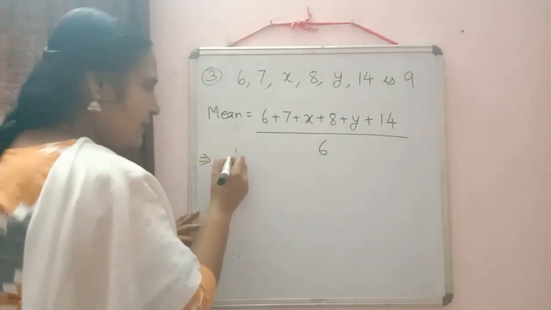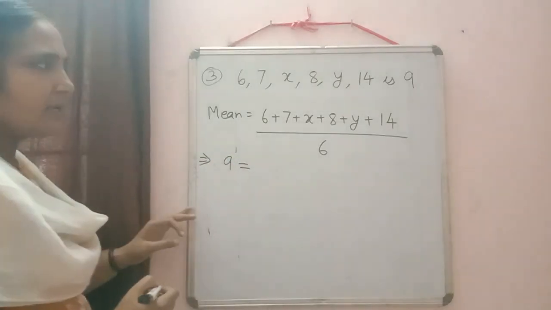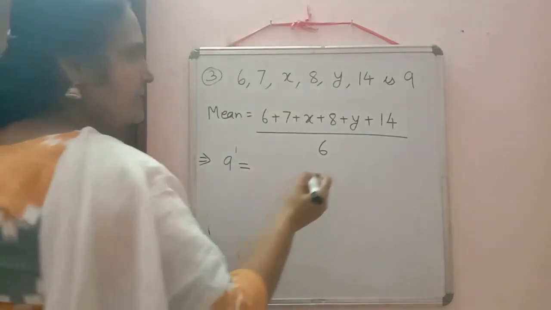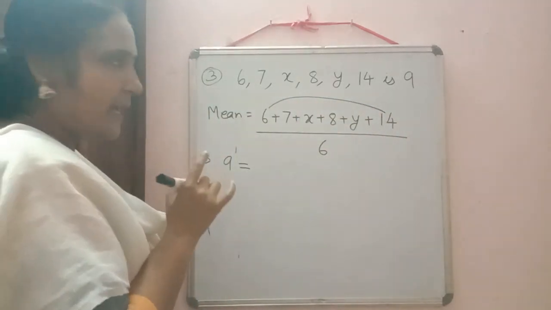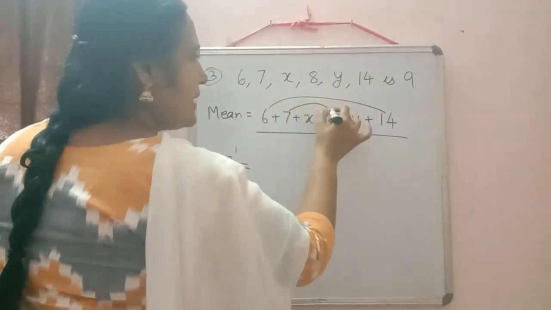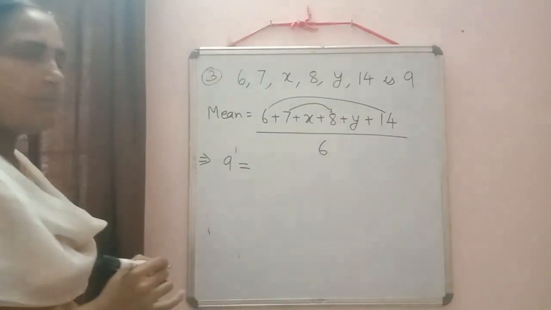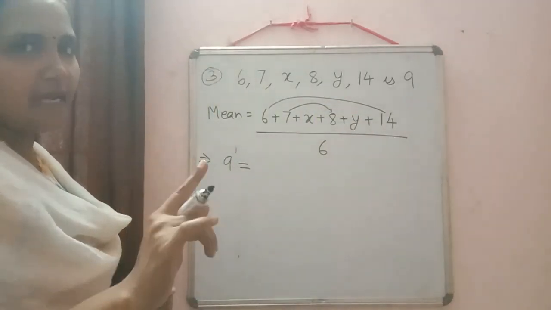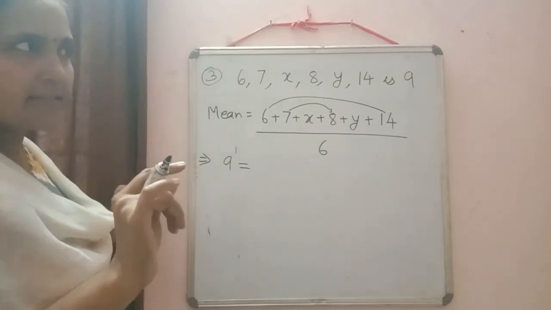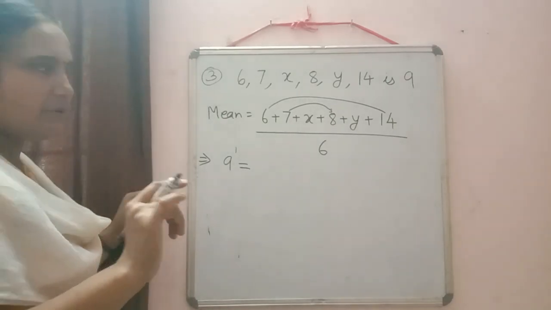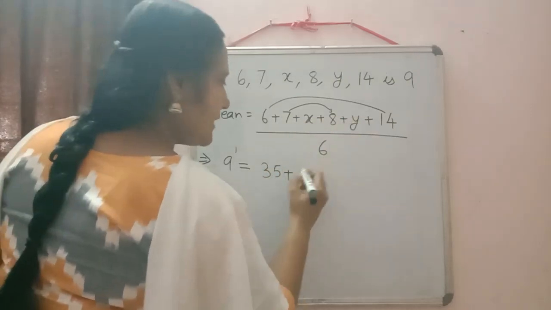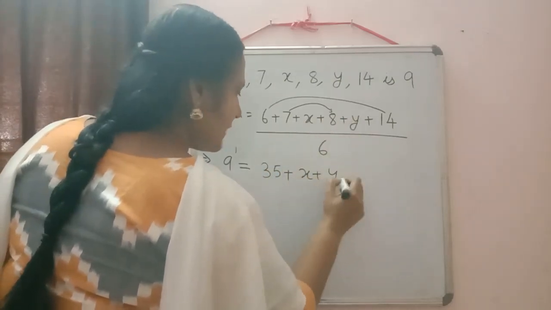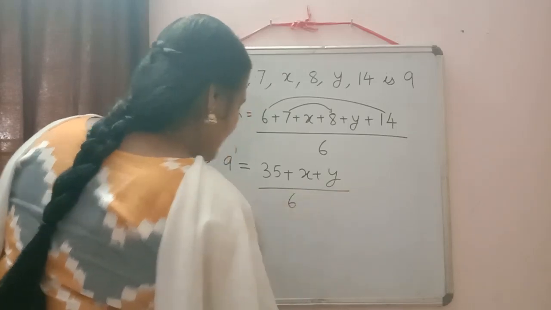So in place of mean we can substitute 9 is equal to. Here we can do the addition. 14 plus 6 will be equal to 20, and 7 plus 8 will be equal to 15. So 20 plus 15 will be equal to 35, plus this x and y which is remaining there, x plus y by 6.